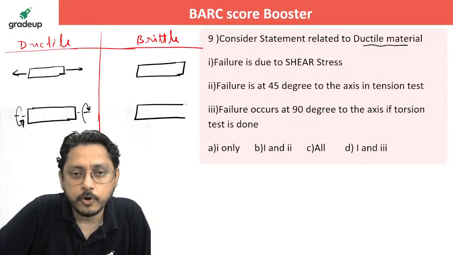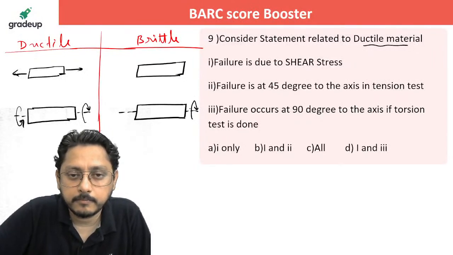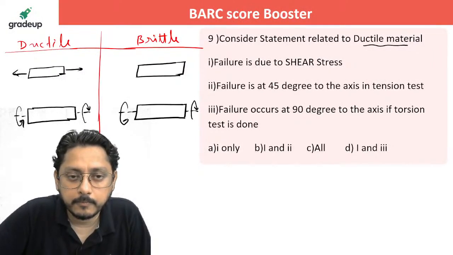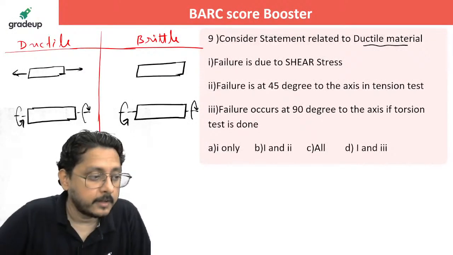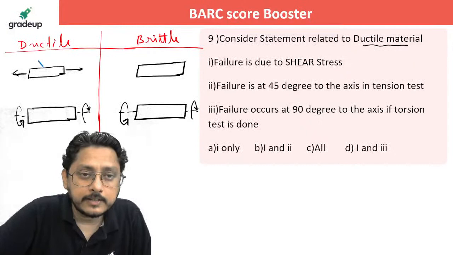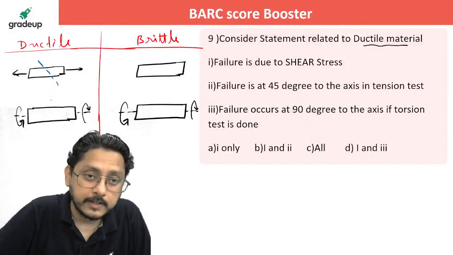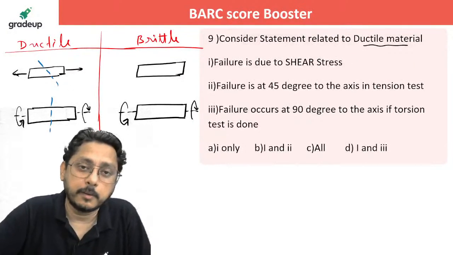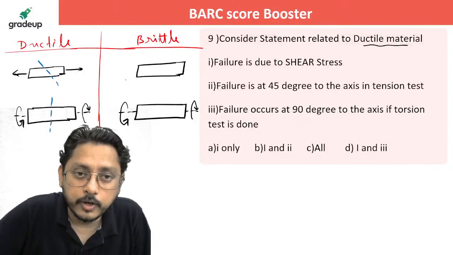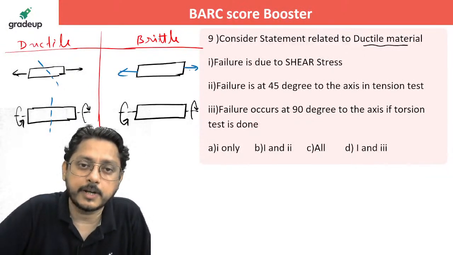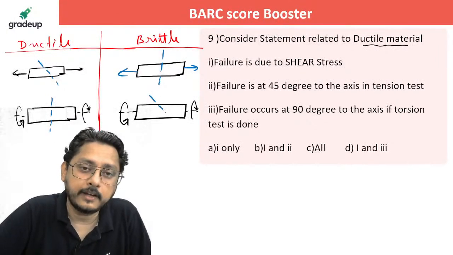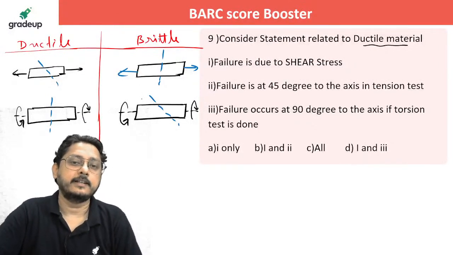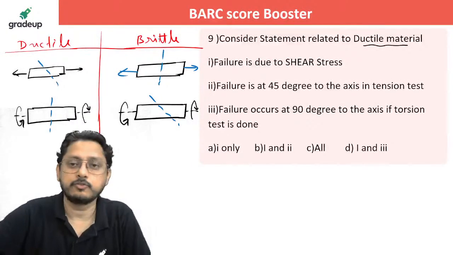These are the only four diagrams you have to remember. So under tension the ductile fails at 45 degrees, under torsion it fails at 90 degrees. For the brittle material, under tension it fails at 90 degrees and under torsion at 45 degrees. That is what you need to remember.